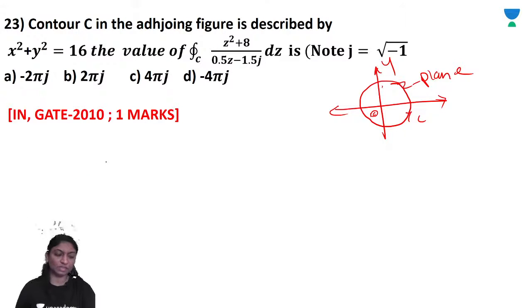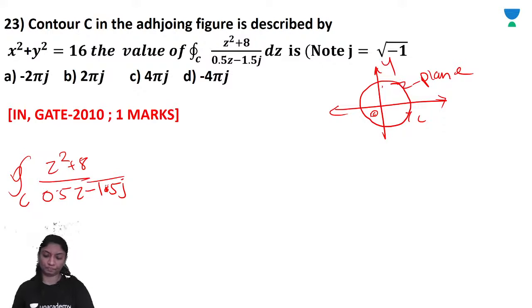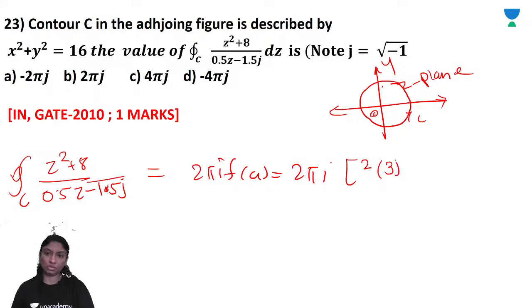It means it is a circle with center at 0, 0 and radius 4. So your integral over C is equal to 2 pi i into f of the point, which gives 2 pi i into 3z square plus 16.